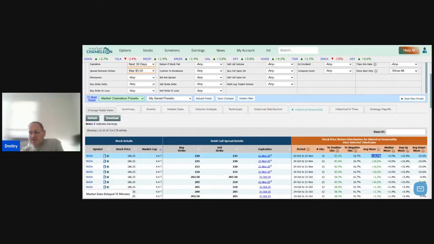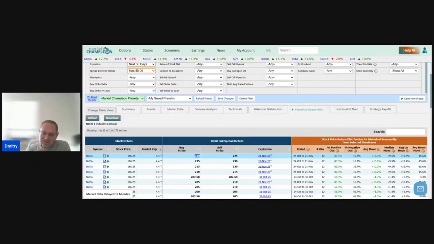But even if we gave it a 10% move up from 186, it would not be enough to make this in the money. So you're still not getting any payoff, a 100% loss on whatever you paid for that spread.